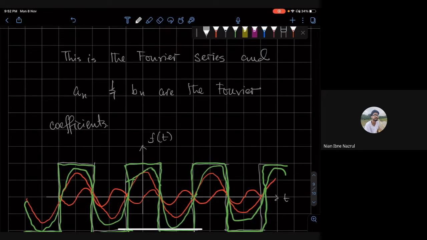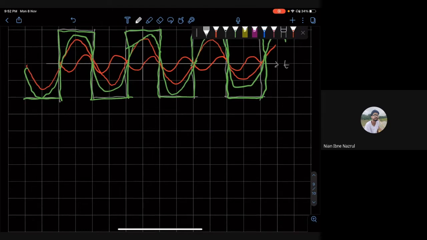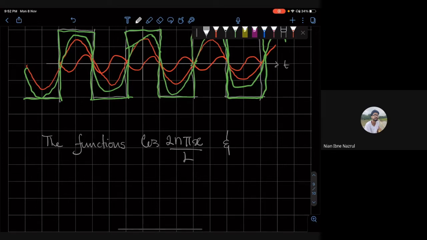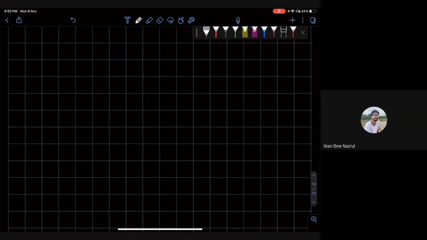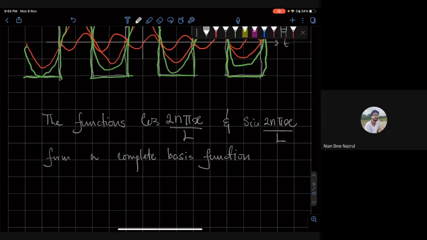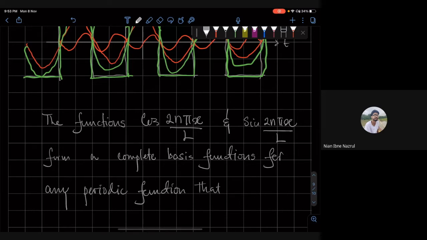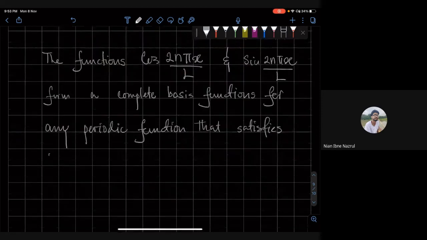As I said, the constants an and bn are called the Fourier coefficients, and the functions cosine of 2n pi x over L and sine of 2n pi x over L form a complete basis set of basis functions for any periodic function that satisfies the Dirichlet conditions.